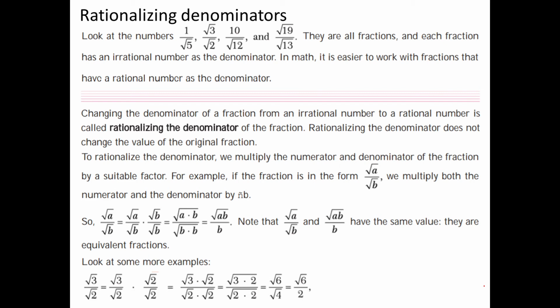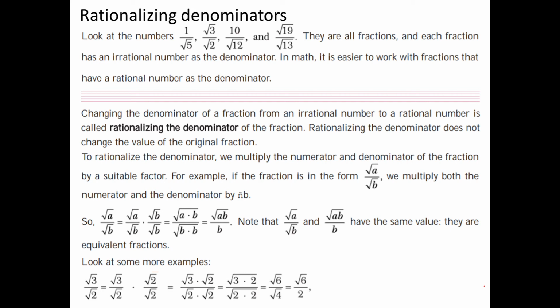To rationalize the denominator, we multiply the numerator and the denominator of the fraction by a suitable factor. For example, if the fraction is in the form square root of a over square root of b, we multiply both the numerator and the denominator by square root of b.